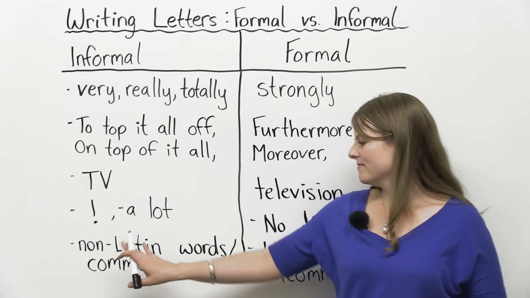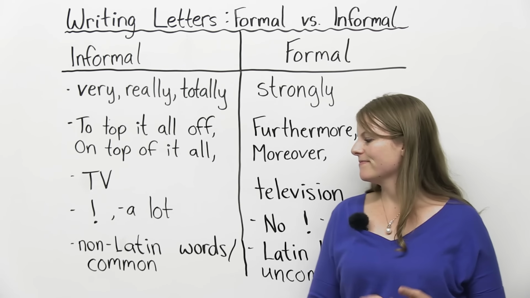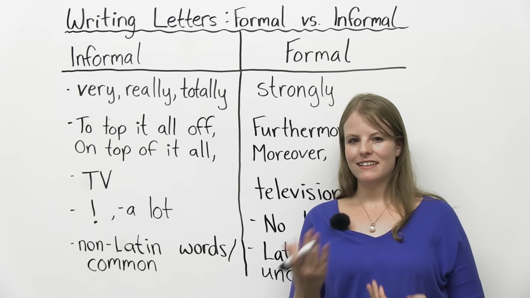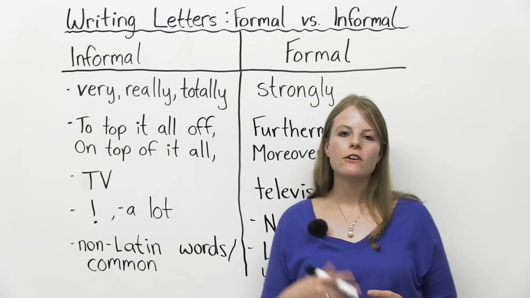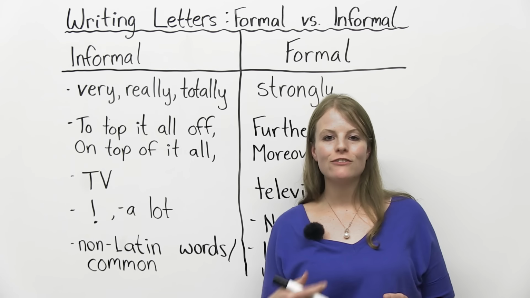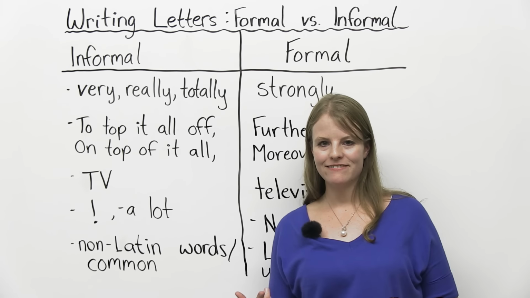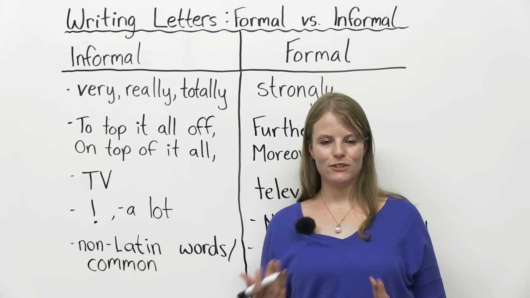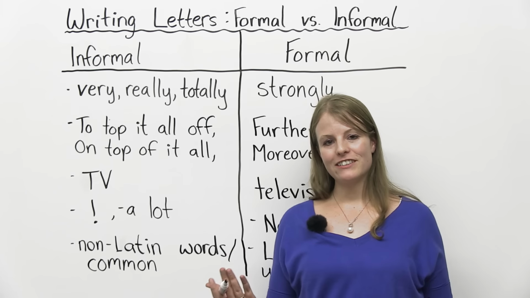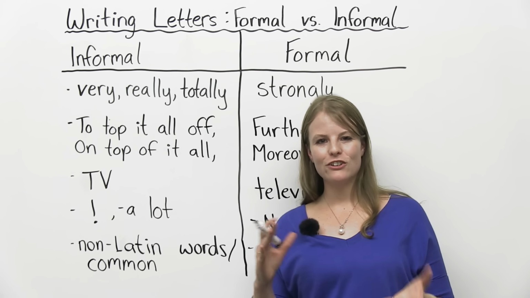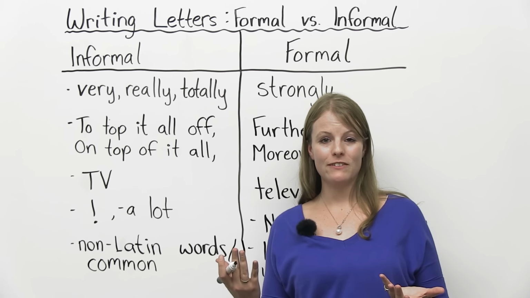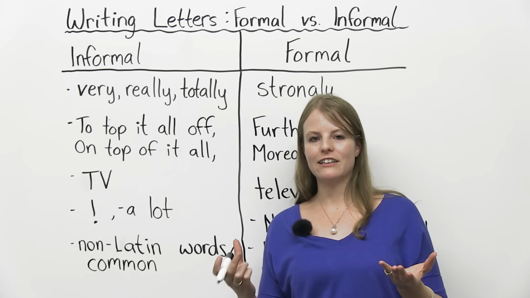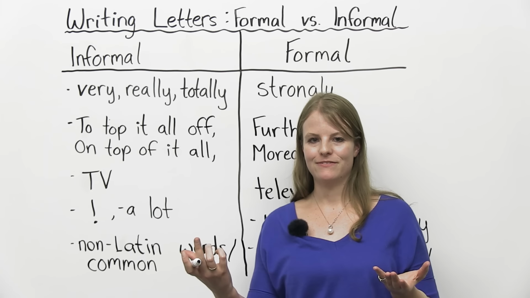Finally, in informal writing, non-Latin words are common. Now, why do I say non-Latin? For those of you who speak Spanish, French, Italian, these are Latin-based languages. For example, intelligent in French, the English equivalent, intelligent. So you can see that many words in English have a Latin root.